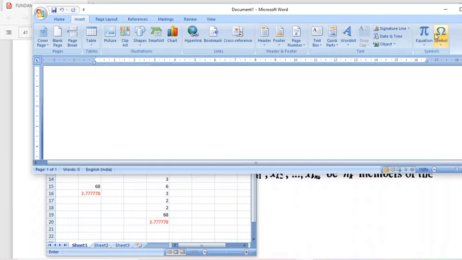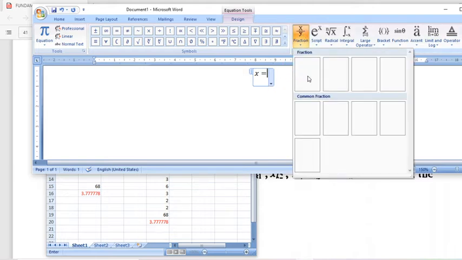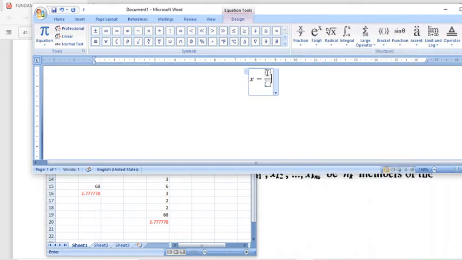So what will be the formula? Mean x bar equal to n1 x1 bar plus n2 x2 bar plus n3 x3 bar.